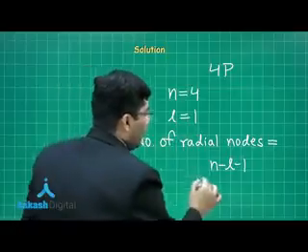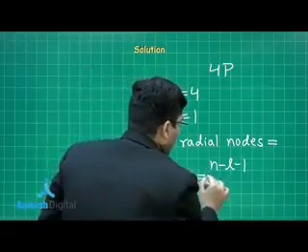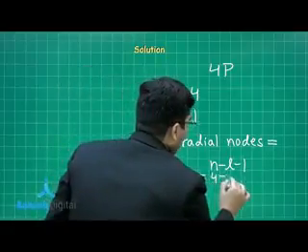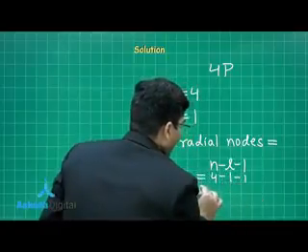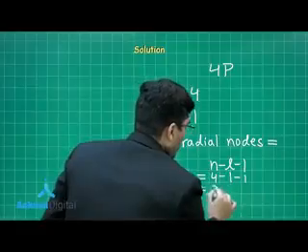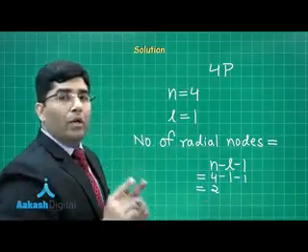So what is the value of n? That is equal to 4 minus 1 minus 1, and it is equal to 2.